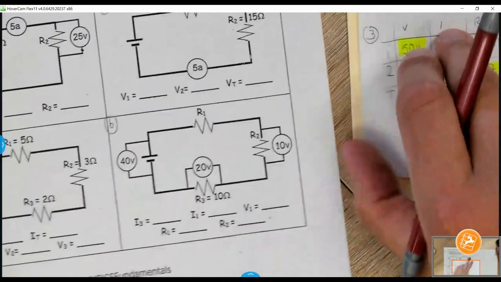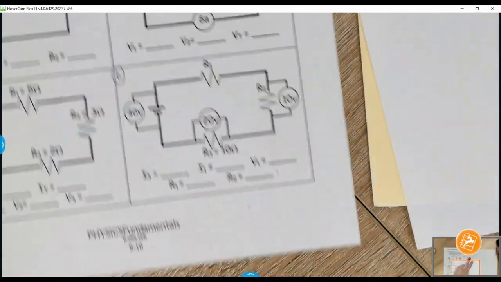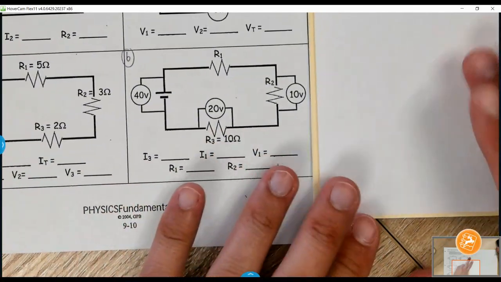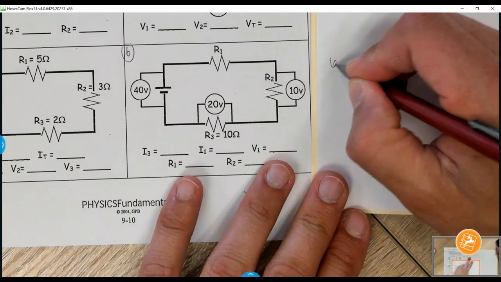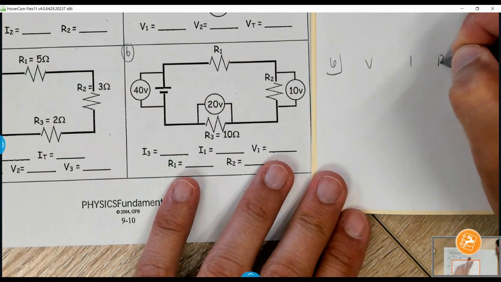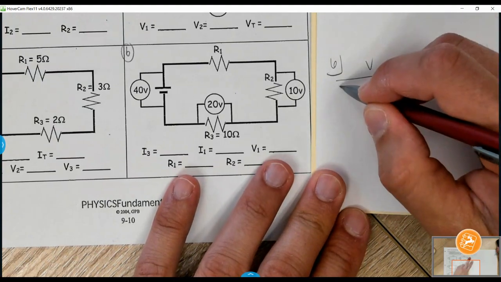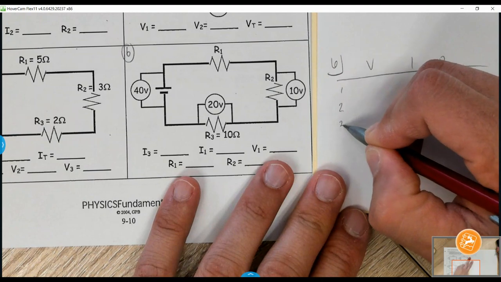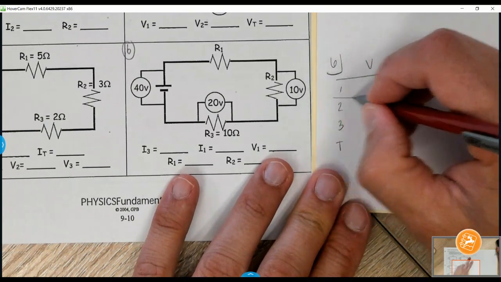And then we could also just take a quick look at number 6. We have 1, 2, 3 resistors, so we write 1, 2, 3, and then total.